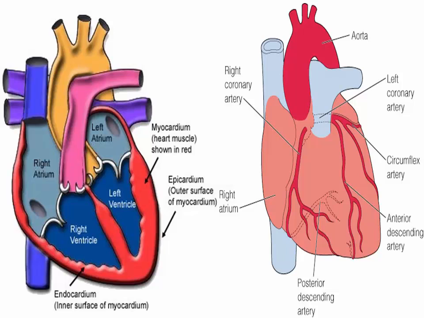But anyway, if we damage the muscle and actually cause necrosis, which is what happens in a heart attack, then you have to wonder, can the heart do its job? What is the heart's job? The heart's job is to pump blood through the lungs, through the body.